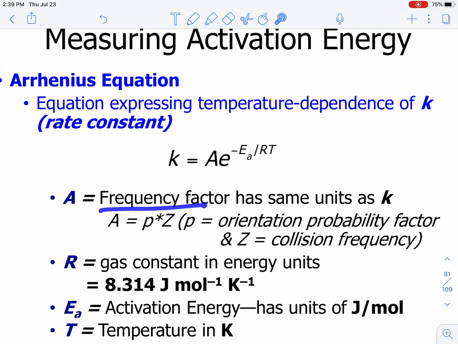You can think about it like a fudge factor that tries to take into consideration pieces of the collision theory, where the product of the orientation probability factor, or the likelihood that the reactant molecules will have the correct orientation when they collide, and the collision frequency, how frequently these reactant molecules collide. So the product of these two, P and Z, will give us the frequency factor.